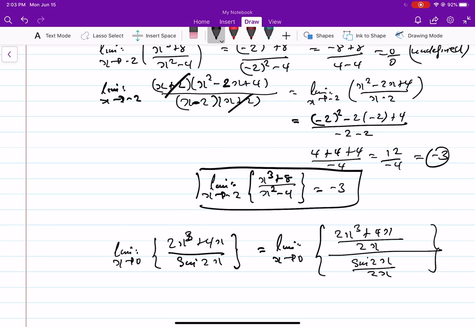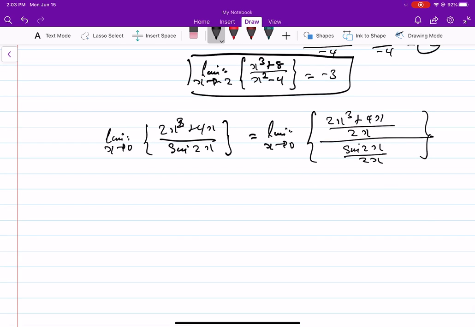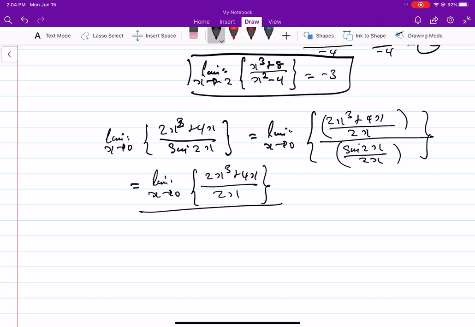That looks good. And then I split it into a numerator limit and a denominator limit, using the laws of limits.